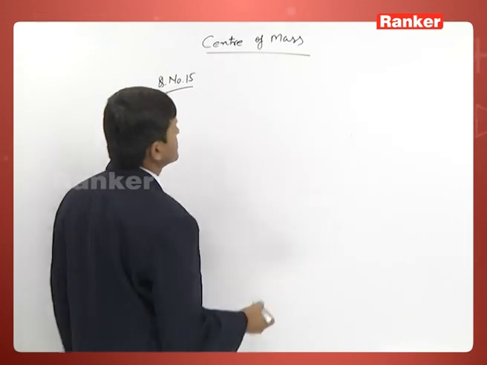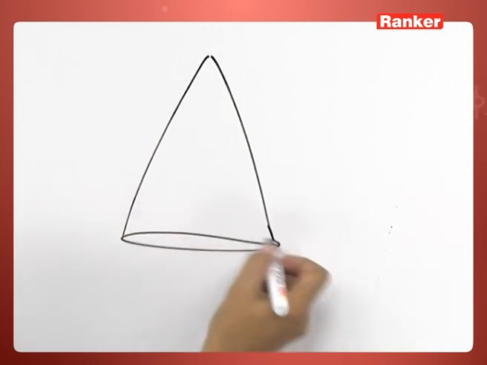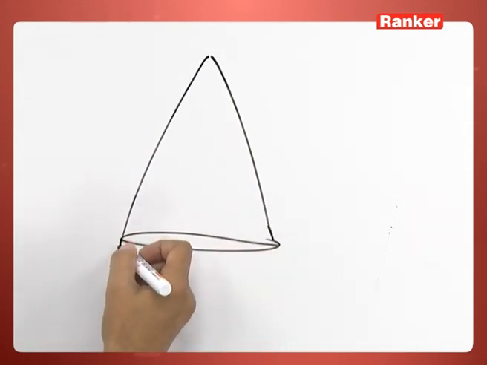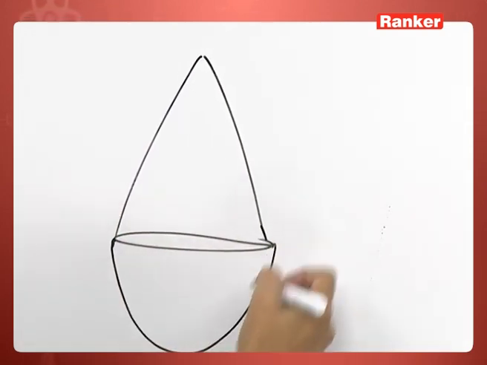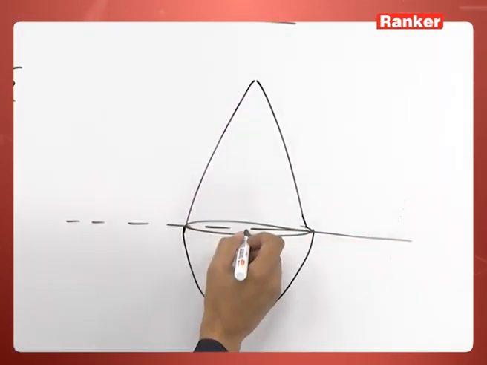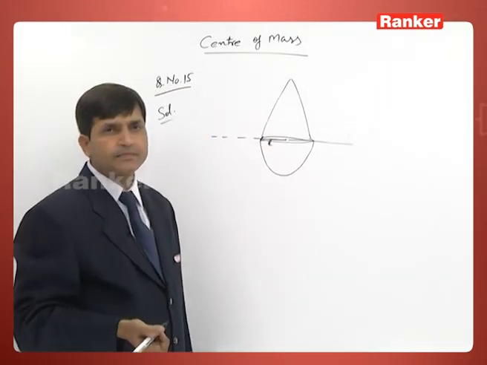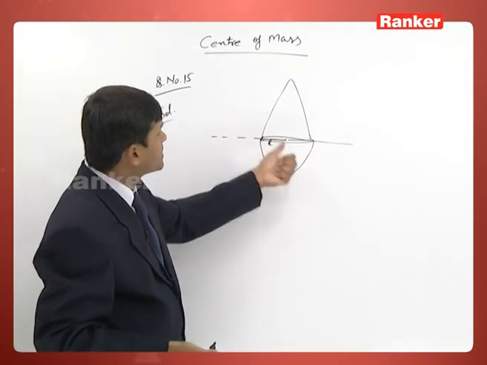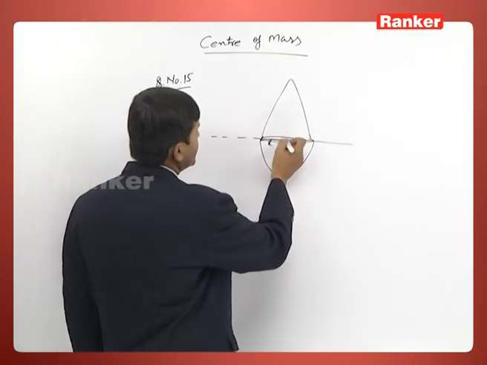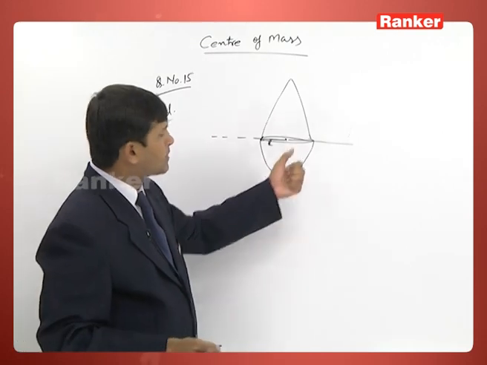See, this is a cone and here one hemisphere. This is a common base and this has radius r. They are saying the center of mass of both lies at the common base or common surface here.